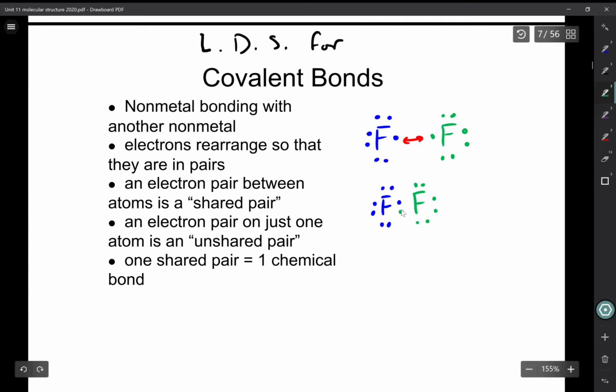They're partnered up. Now right there in the middle, we call that a shared pair of electrons, meaning that that pair counts towards the fluorine on the left and the fluorine on the right. They're quote-unquote owned by or belong to both atoms at the same time.